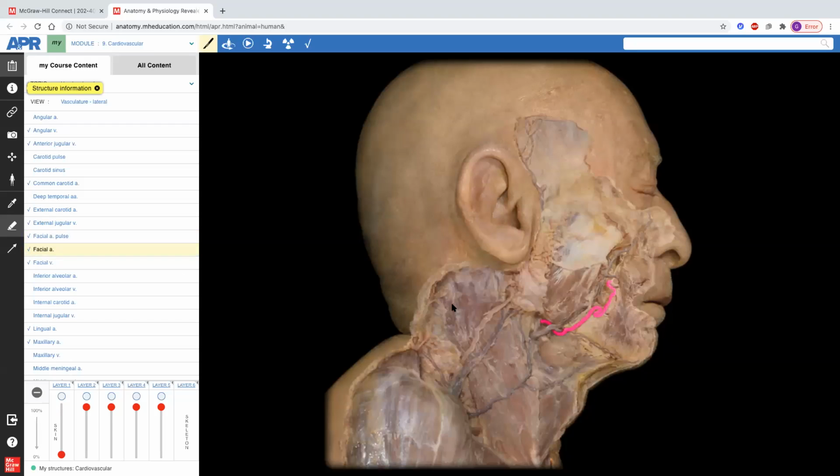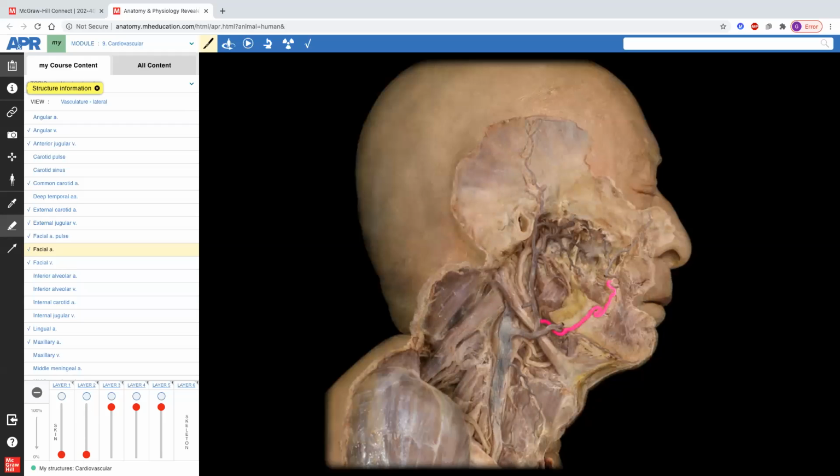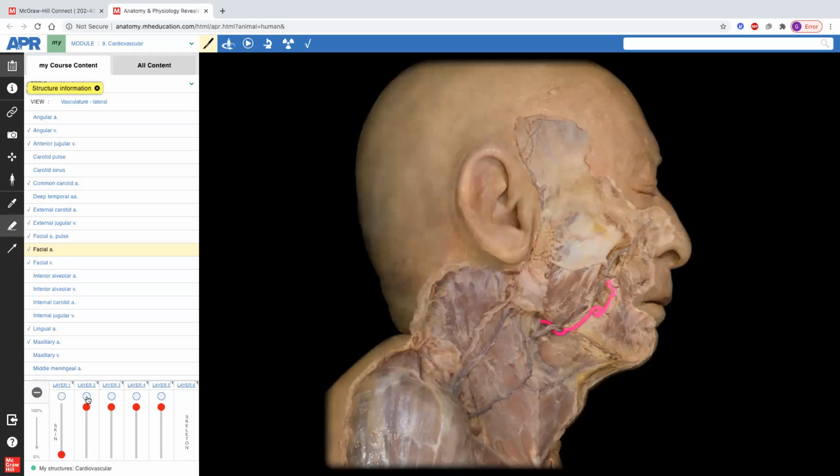So one of the ones that we have is a facial artery. The facial artery is a branch of your external carotid artery. And with the facial artery right here, right, it comes up, it goes up at an oblique angle, diagonally, past your mandible, right here.